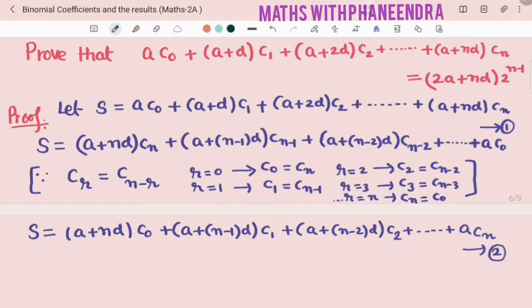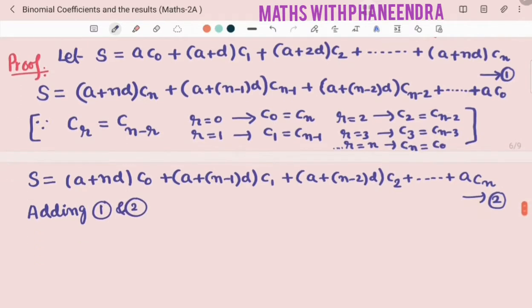So adding 1 and 2, LHS side S plus S is 2S, is equal to, here a C0 plus here (a plus nd) into C0. So C0 if you take out common, a plus a is 2a plus nd. So (2a plus nd) into C0 plus (a plus d) plus (a plus (n minus 1) into d).